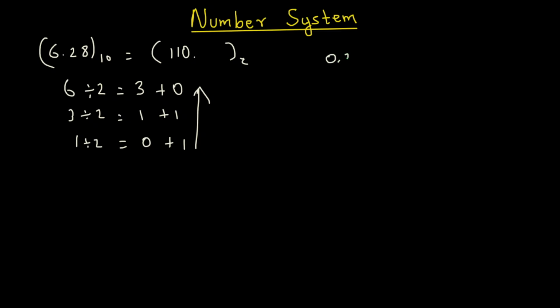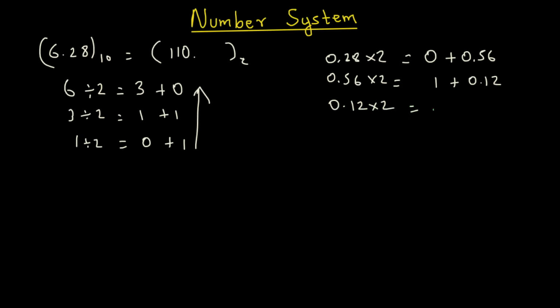Then for the fraction part, 0.28 multiplied by 2 is 0.56, so 0 plus 0.56. Then 0.56 multiplied by 2 is 1.12, so 1 plus 0.12. Then 0.12 multiplied by 2 is 0 plus 0.24.